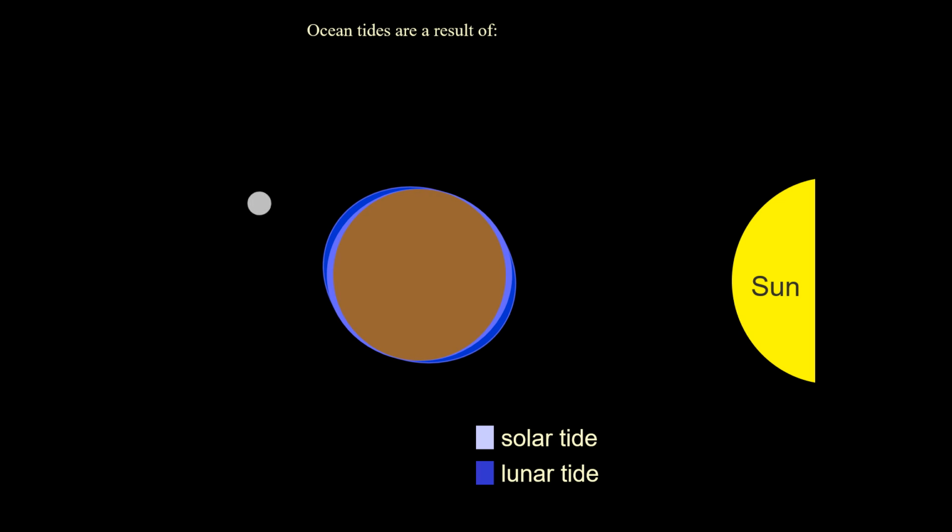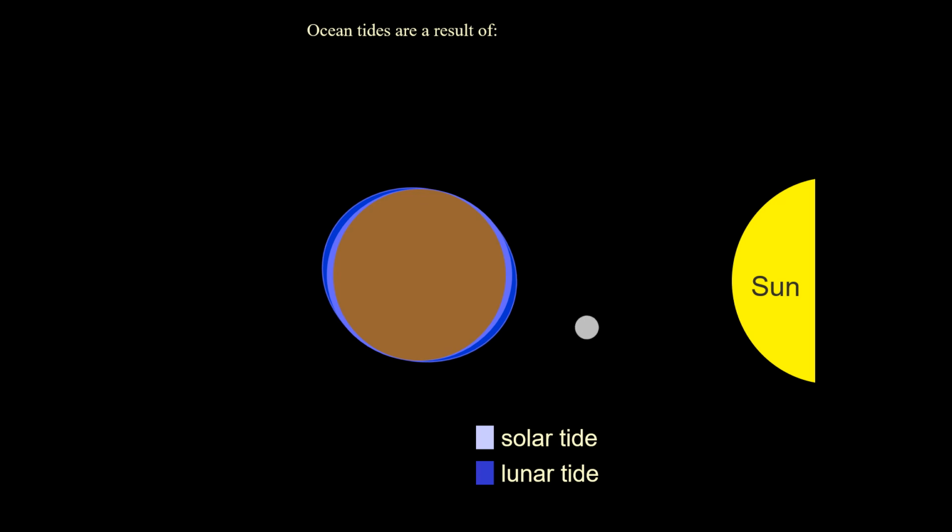Our sun is far away from the earth, so the gravitational pull of the sun is, I would say, 50% less than the gravitational pull of the moon.